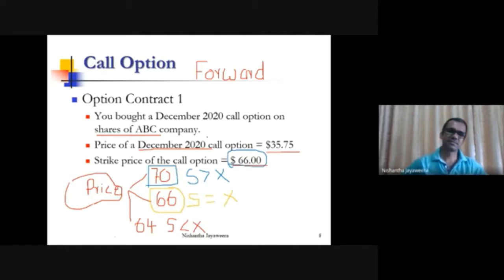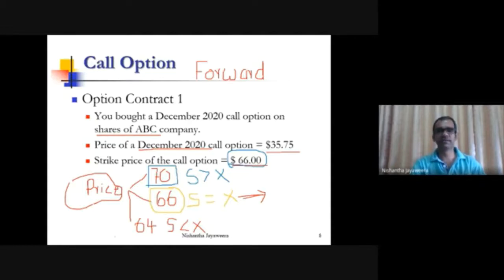Either you can exercise or you can leave it. If you buy a forward contract, irrespective of whether the price is 70, 66 or 64, you have to buy at this price. You have an obligation. In an option, you can make the decision. You have the choice either to exercise your right or not.